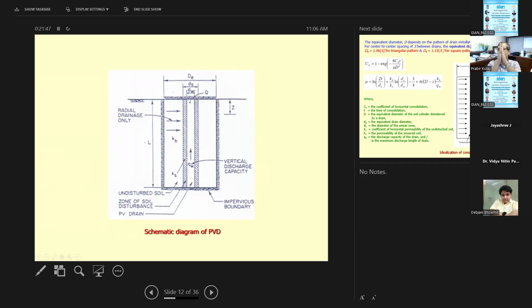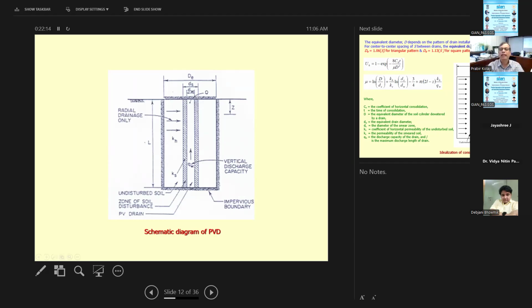Inside there is a core with different patterns, made of a high density polyethylene type of material, and the outside is covered with a geosynthetic type material, so that only the water can come through and no soil particles. It comes in a roll, so it is easy to install compared to the sand drain. That's the advantage. We will talk about that.